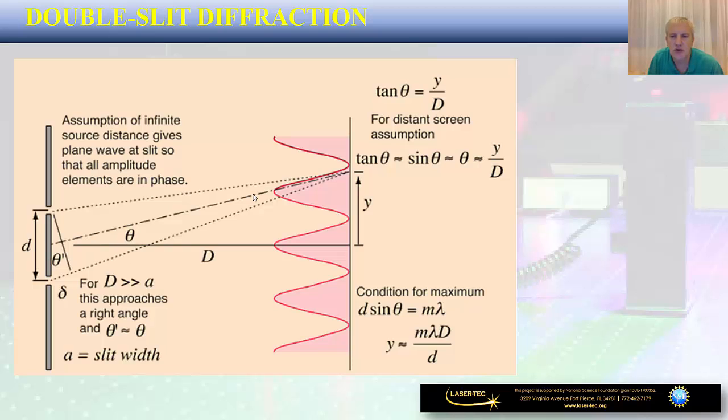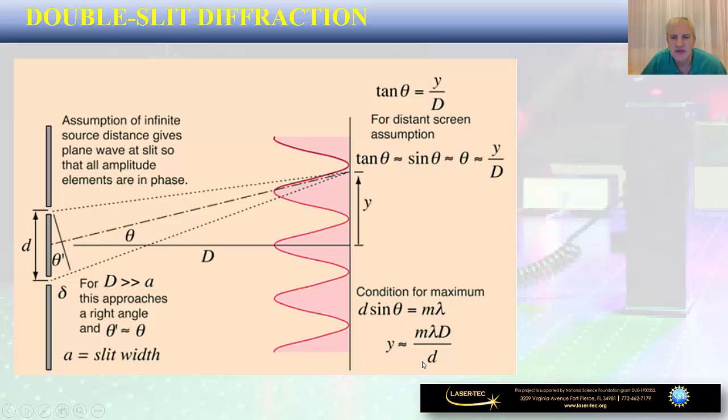So the formula shown at the bottom is a representation of the position y of the dot as a function of lambda, or wavelength, capital D, the distance between the screen and the diffraction grating, and finally small d, which represents the distance between the two slits in the diffraction grating.